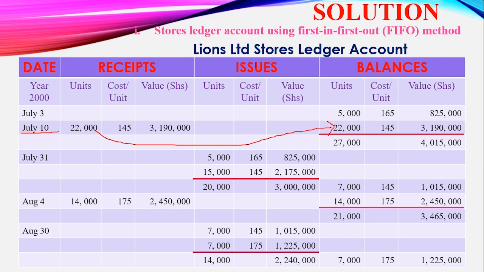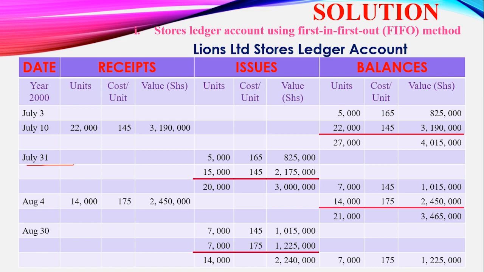When you add these two, we now have a total of 27,000 units. We also add the value, giving us a total value of 4,015,000. So the stock that we currently have is 27,000 units at a value of 4,015,000.